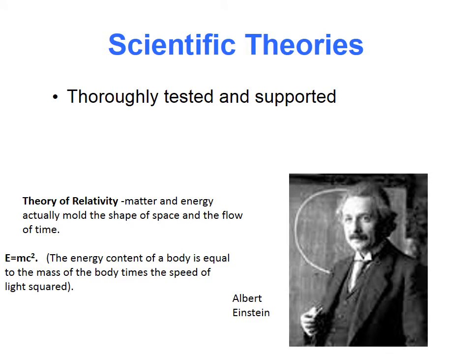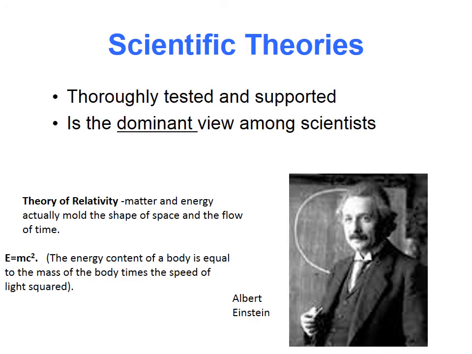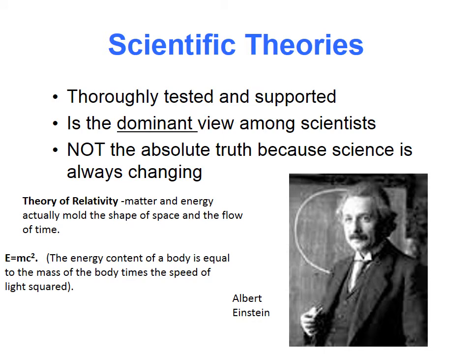First of all, a scientific theory is going to be thoroughly tested and supported. It's going to be the dominant view, so almost all scientists are going to agree with it. But a theory is not the absolute truth, because science is always changing, as we said in the first section. I gave you a picture here of Albert Einstein because he's famous for different theories that he's come up with.